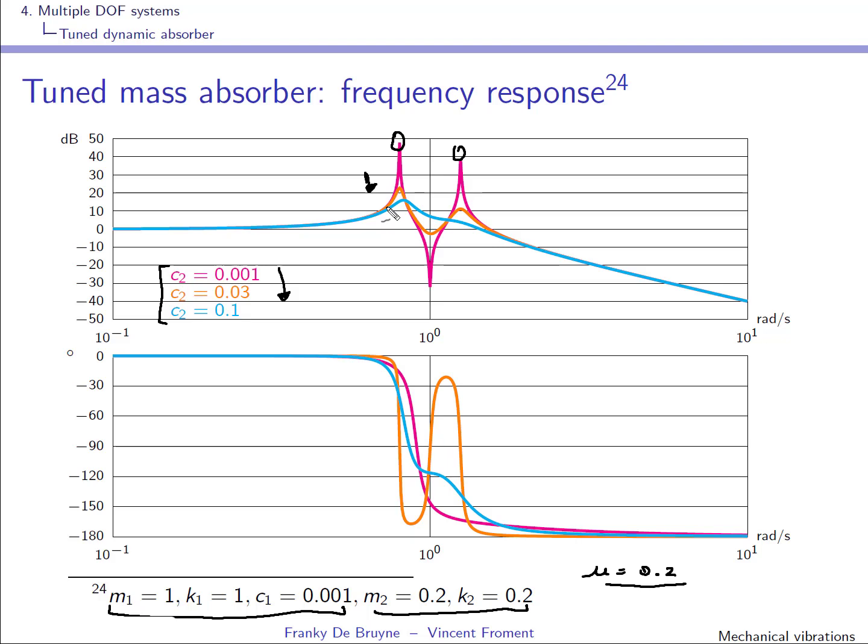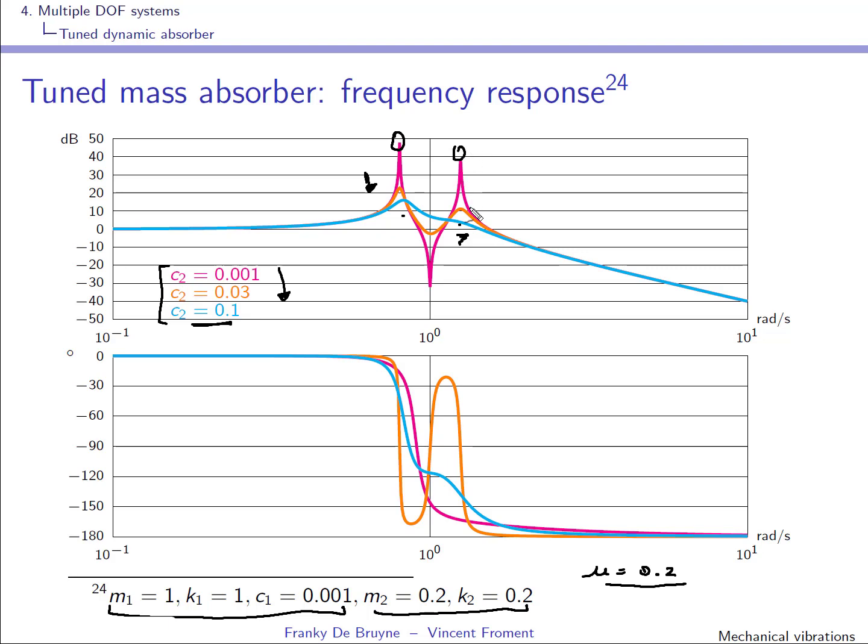Okay, but you see that it's kind of problematic because it's difficult, by choosing C2 over here, to have something where the height of the peaks is the same for both natural frequencies. So you see here that it's more damped on the second natural frequency.